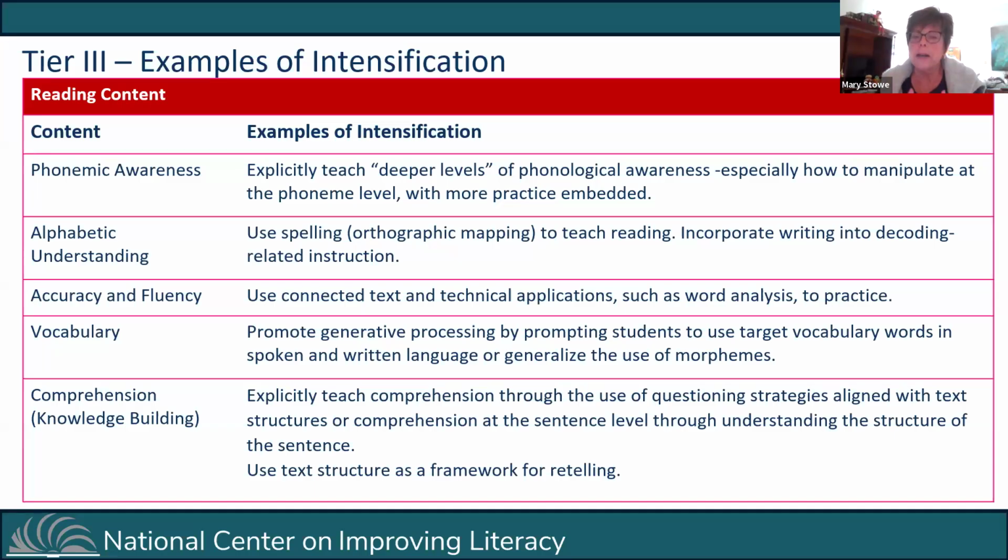So when we think about examples of intensifying instruction, we need to think about in what areas we really need to intensify that instruction. In what areas do we need to engage and connect for students as well?